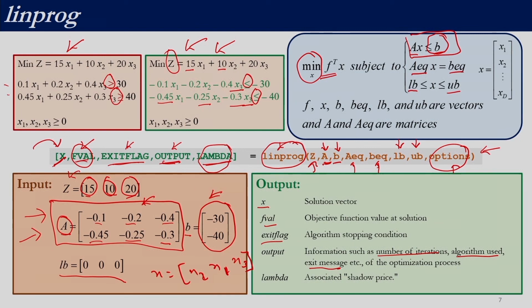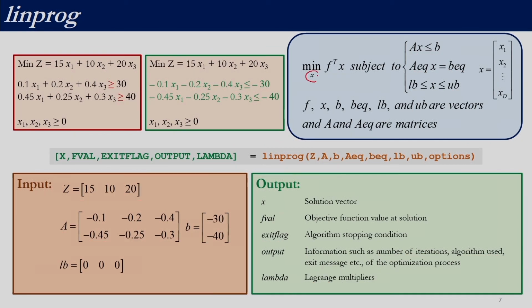As of now, just know that we will be getting these 5 outputs. Analyzing these is straightforward. X is the solution which linprog has been able to get, fval is the objective function value at that point, and exit flag is the reason for why it is stopping. Output will contain additional information about the solution, and this lambda is the Lagrangian multipliers or the shadow prices.